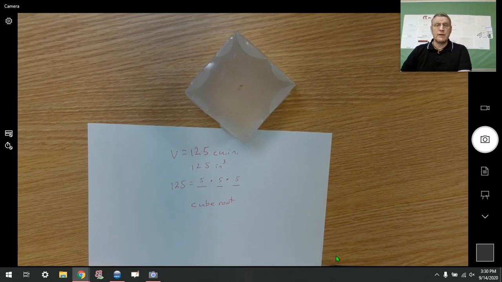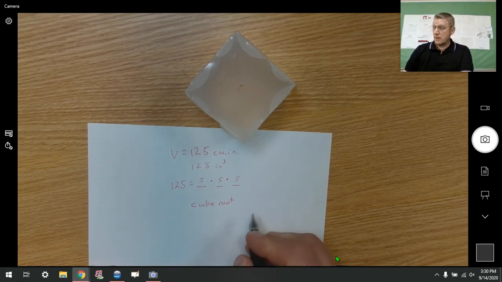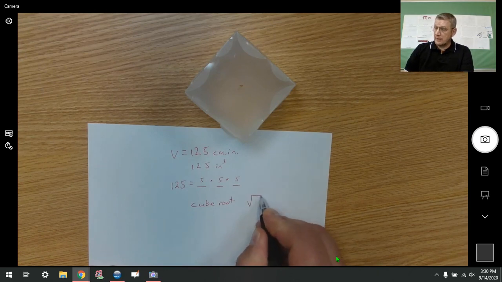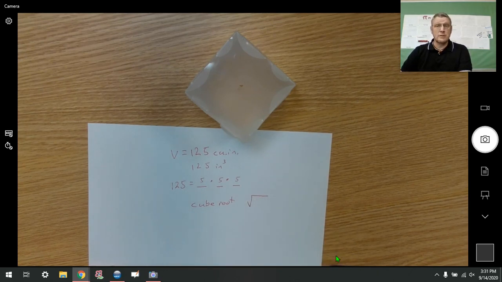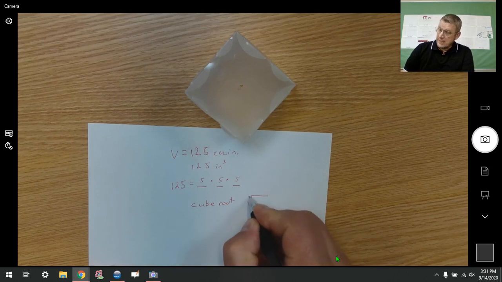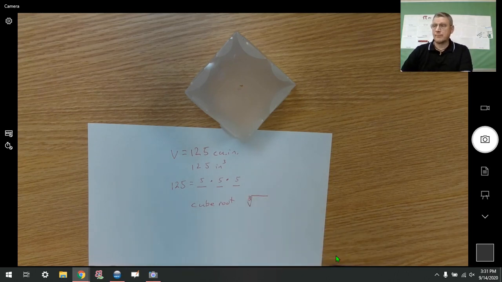And when we want to try to find the cube root, there is a symbol that we use. We do use a radical sign as seen in square roots, but is it a square root or a cube root? We know it's a cube root with one specific thing. It has the number 3. So we call this a cube root.